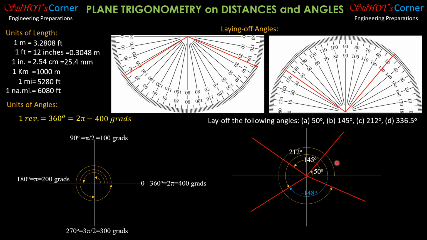So in counterclockwise direction, that's 336.5 degrees. In clockwise direction, 336.5 degrees minus 360 is negative 23.5 degrees. So this is negative 10, negative 20, negative 23.5 degrees. So we can still estimate it like that.